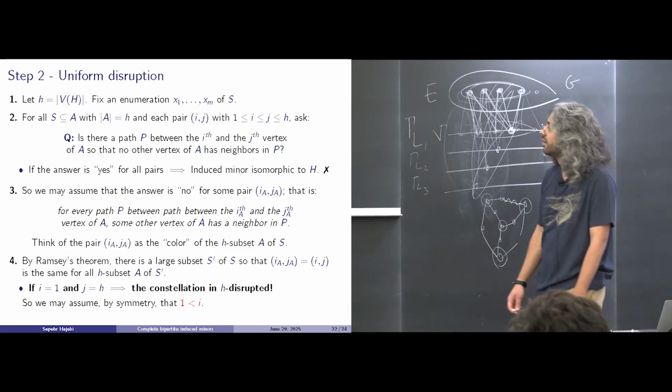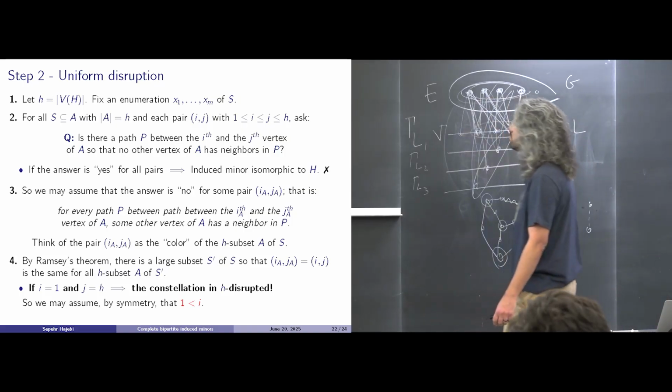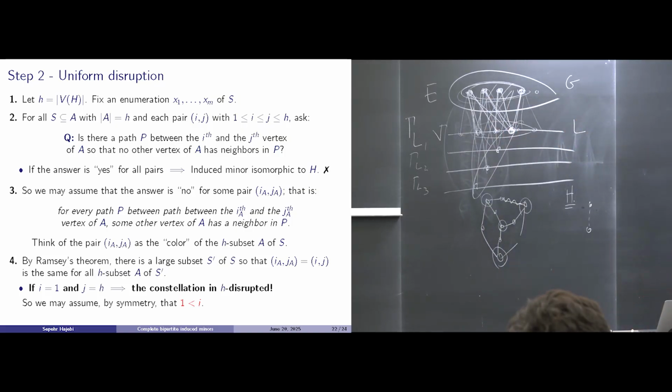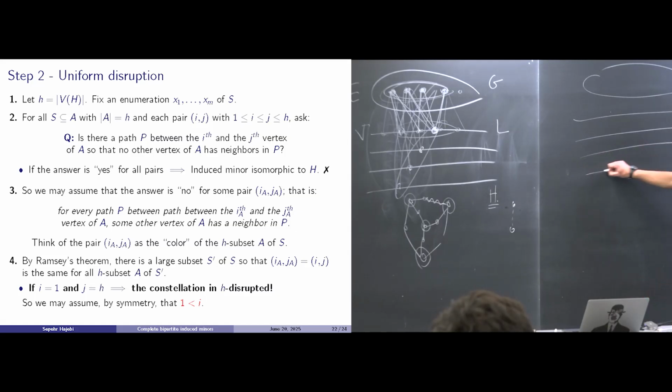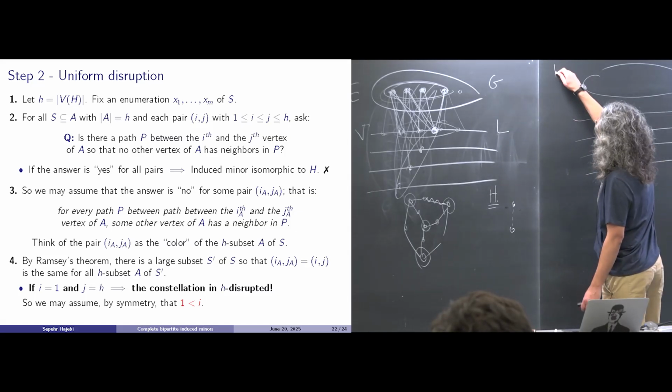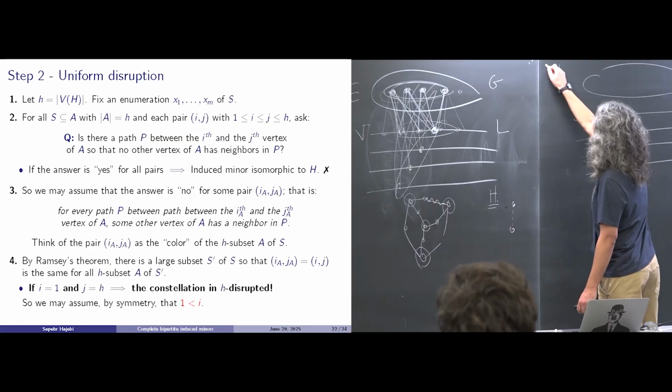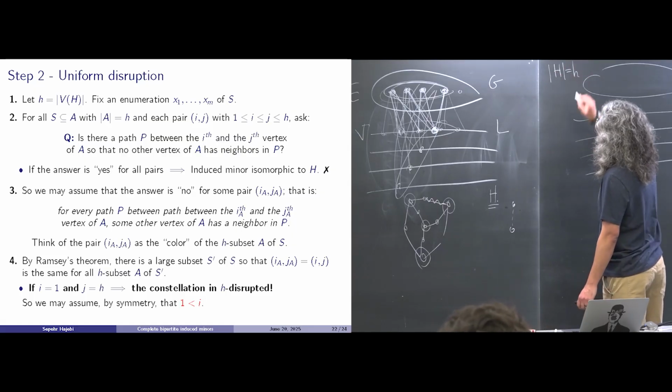So the second step is, okay, now here's my constellation. And remember, there is this fixed graph H I'm excluding as an induced minor. Let's assume that it has exactly little h vertices.